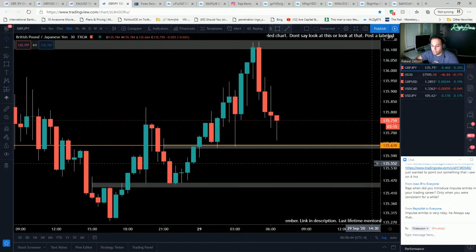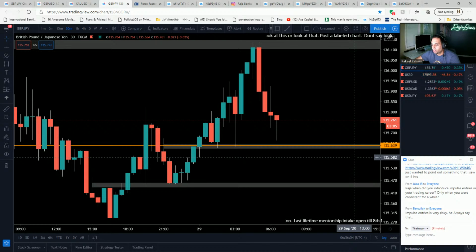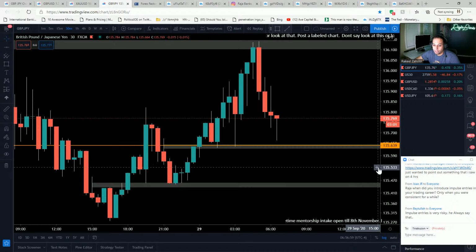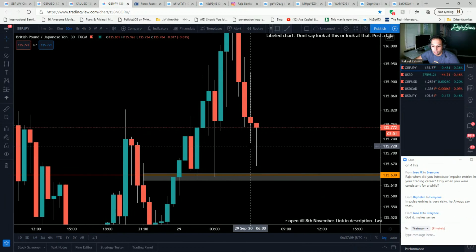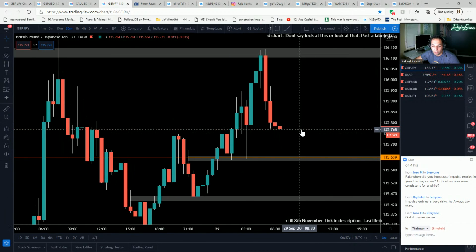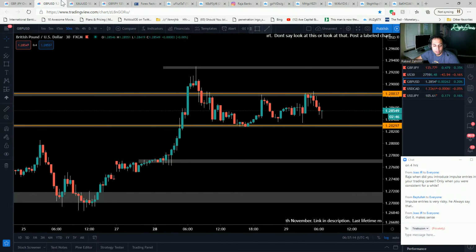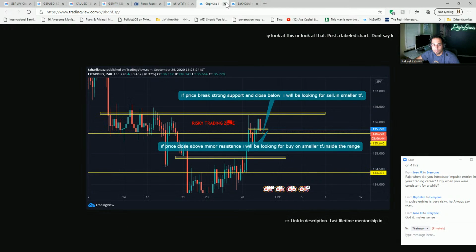Anytime someone sends me a chart of an impulse entry and says it was a loss, inside I say you deserved it, because you're not good at impulse entries. It takes a lot of experience. If you have one trade to take and you waste it on an impulse entry, which is a very high risk trade, and you lose it, then your one trade of the day is done. So you just have to wait. Right now I've been waiting over here for price to close, to see if we can really execute something at this point or not.